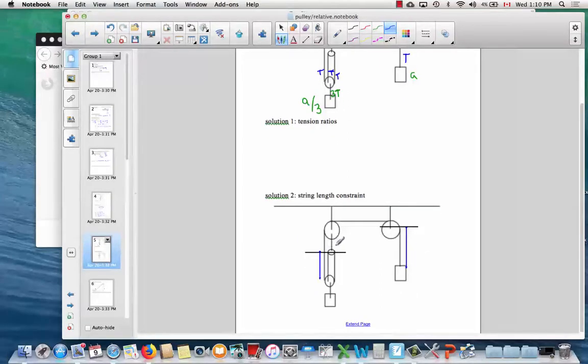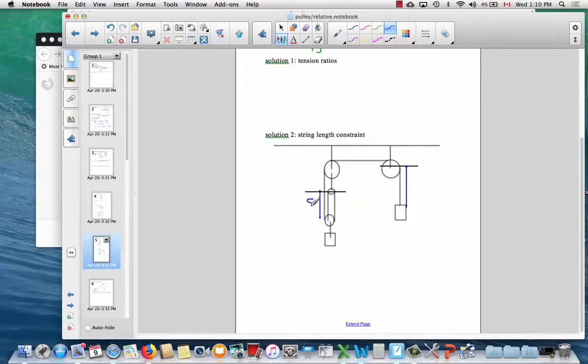Okay, so the length of the string. Starting here, we're going to have S1, S1, a fixed length, and then S1 again. So we'll define this as being distance 1. This is distance 2. So we've got S1, fixed length, S1, a fixed length, and S1.